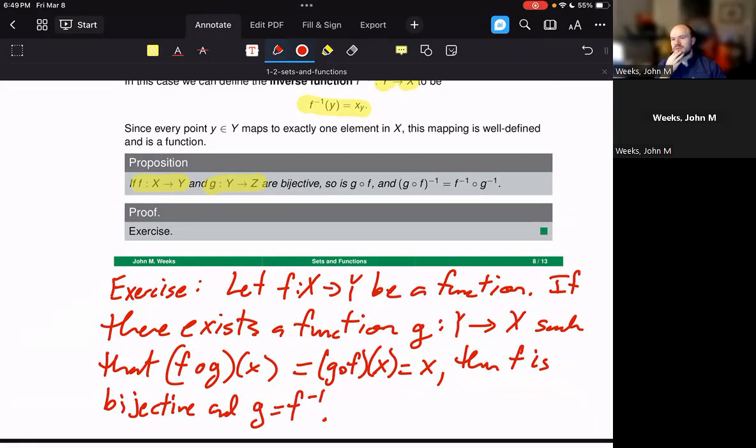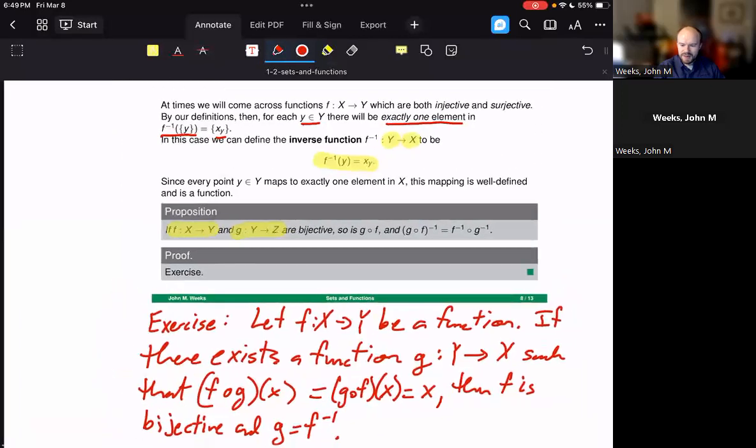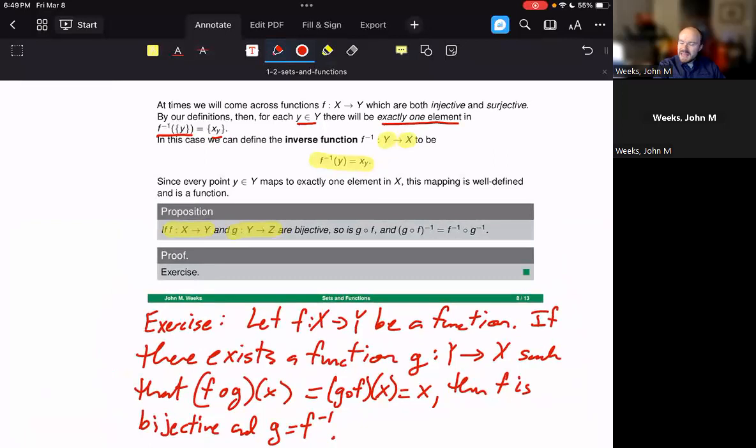So this is a neat exercise that combines a lot of the tools that we've been working with here. I recommend taking a look at this exercise to see what you're able to come up with. It's taking the idea that inverse functions come from bijective functions. But whenever you have a function that acts like the inverse function for a given function, then actually you know that that function is bijective.